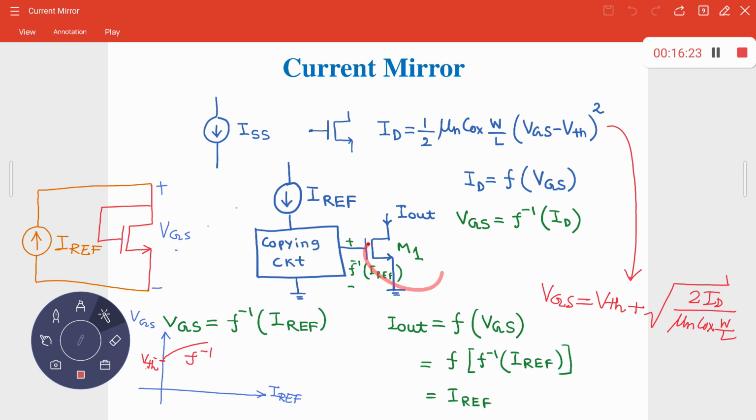This I out is equal to I reference if the W over L ratio of this MOS and of this MOS are the same. If not, then obviously there will be some scaling factor. Get it?